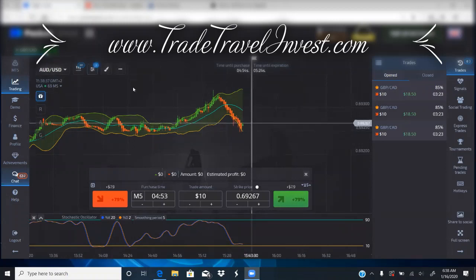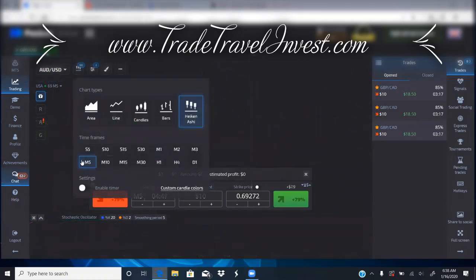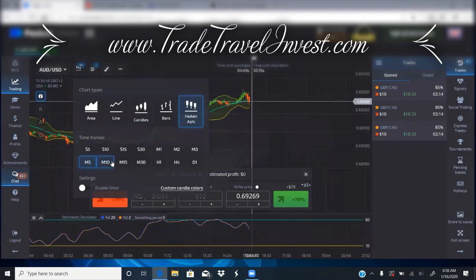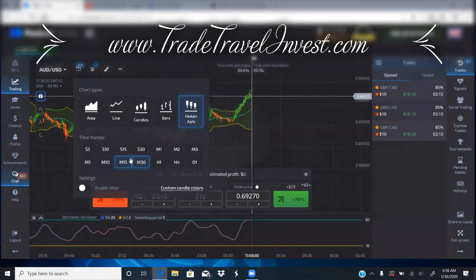AUD/USD looks like it's setting up right now on the 1 minute. We're seeing that push upwards. But overall on AUD/USD, we're seeing the price wants to drop. As you can see on the 30-minute chart here, price rallied up for a while and a doji candle formed.